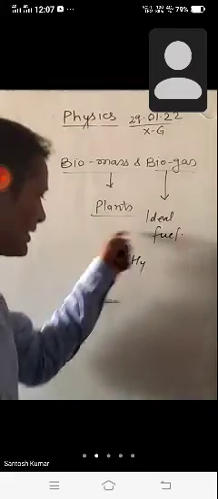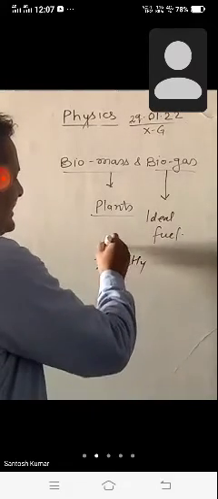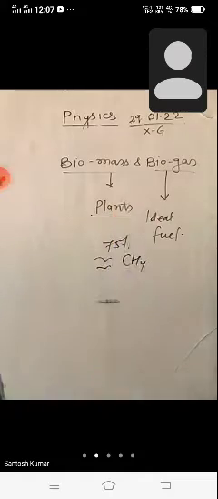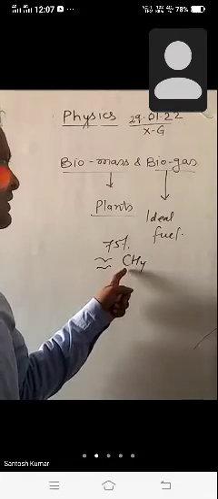Just see, this is a constituent part of that. Biogas is not a single gas. It is a mixture of some gases in which about 75% methane gas is there. That's why it is one of the best fuels, an ideal fuel.